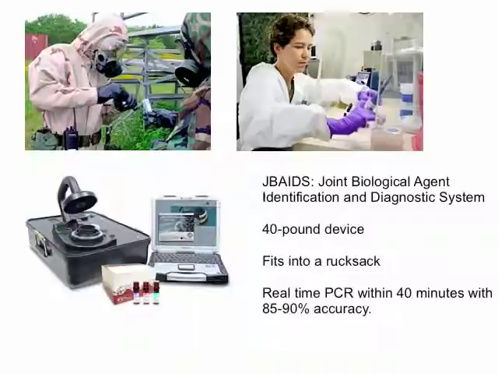It's a 40-pound device. This is essentially a real-time PCR machine that's been miniaturized, based on a LightCycler. They have a little core you put in there with these little capillary tubes. You've got your reagents, and you have a computer that you hook up to it, and it does all the analysis for you. It fits into a rucksack, and operates within 40 minutes, and you have about 85 to 90% accuracy.